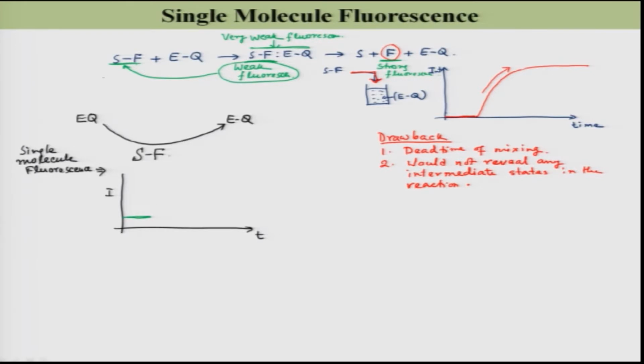So, the fluorescence intensity of SF you are looking here is like this, but when this EQ binds to SF, the fluorescence intensity will decrease. You will see a decrease in the fluorescence intensity, and that low fluorescence intensity will stay for some time, and then when the reaction finishes, there will be a formation of S and the free F. The free F fluorescence intensity will be there if you are still looking at this F. If this F goes away, then obviously we will not be able to see it, but consider that you are still looking at it, then the fluorescence intensity will increase like this.